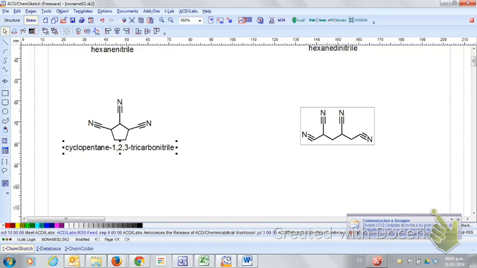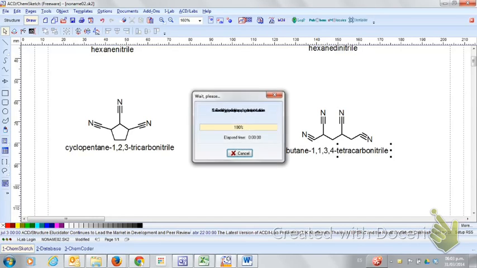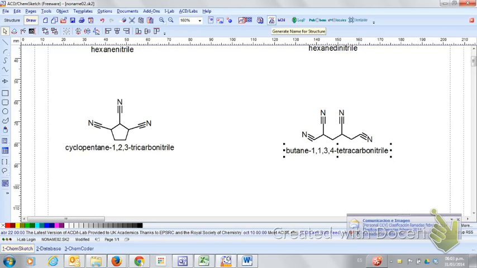The same will be when we have a lot of nitriles in a linear chain. And here you will name it butanetetracarbonitrile. And it is as with carboxylic acids.